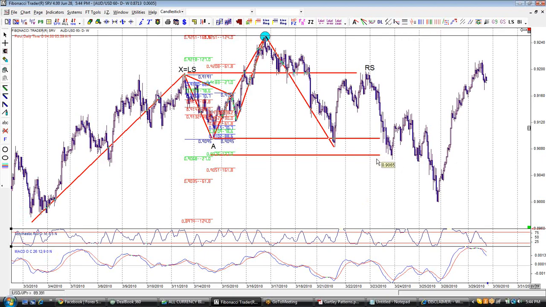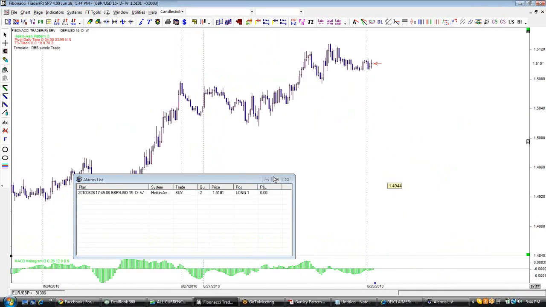Now look how here, as I told you guys, we have this bounce between the 127. I'm sorry, I will draw horizontal lines between 127 and 1618. See how price bounced between those two levels.